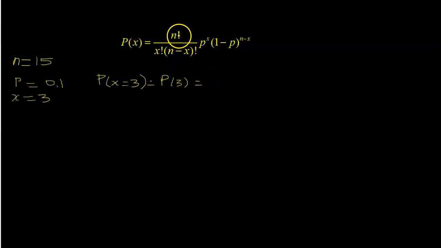Alright, equals n factorial. Well, n in this case is 15. And a factorial, as your notes say, you take the number and you basically multiply it by every number that precedes it. So 15 factorial will be 15 times 14 times 13 times 12, and so on, all the way down to times 1.